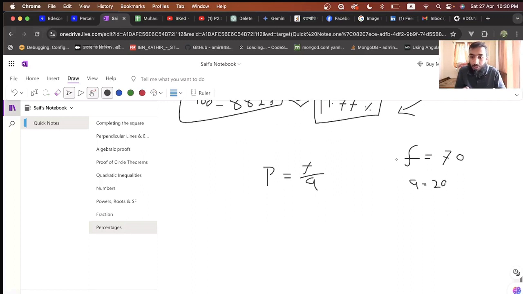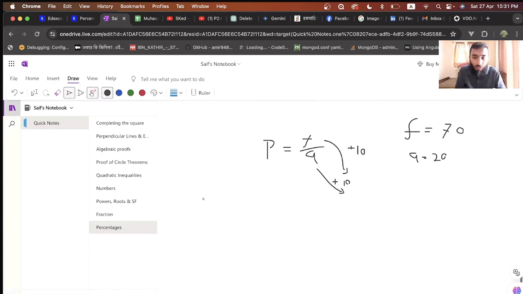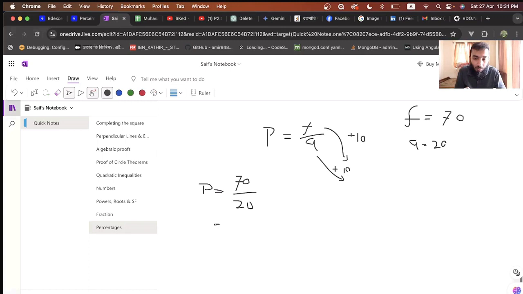So the force is increased by 10 newtons and area is increased by 10 centimeters square. So first we figure out what was the previous pressure. So the previous pressure was what? 70 newtons by 20 centimeters square. This is 3.5. This is the previous pressure.